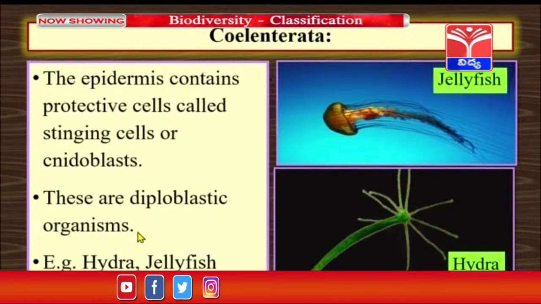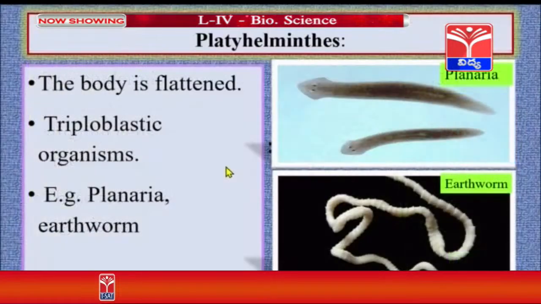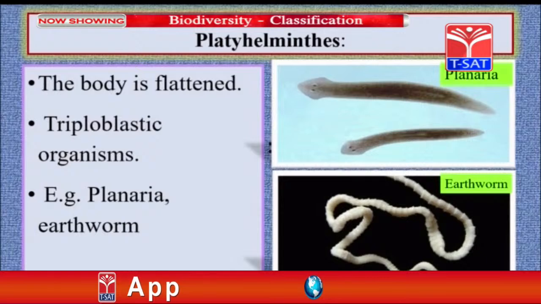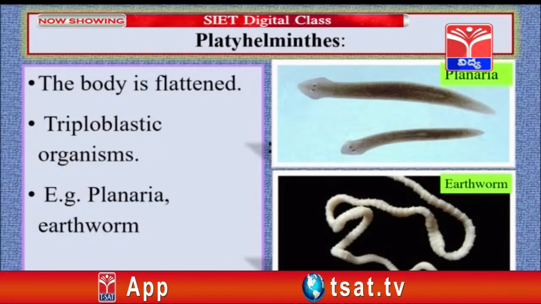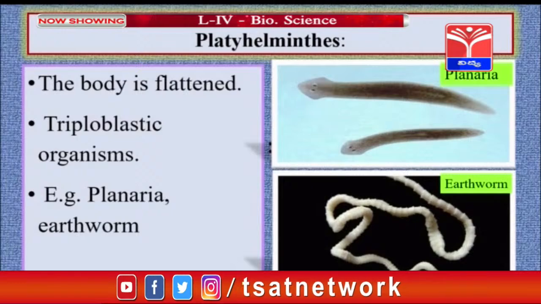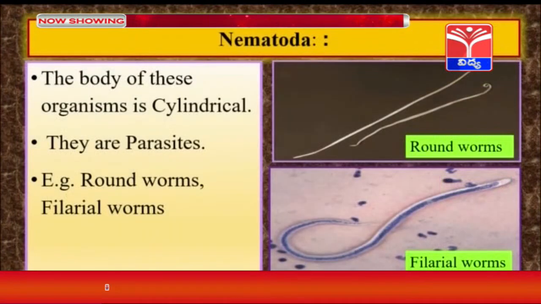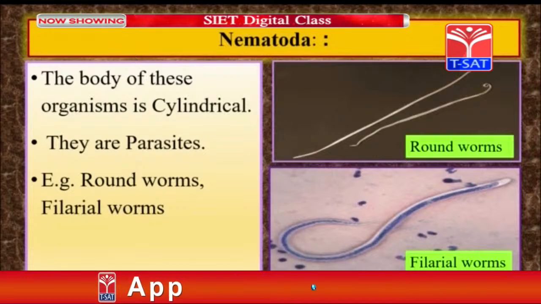That means their body is covered by two membranes. Examples, hydra and jellyfish. Platyhelminthes organisms, their body is flattened and these are triploblastic organisms. Examples, planaria and earthworm.